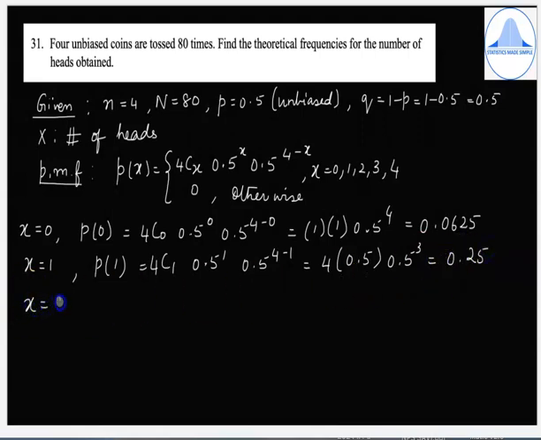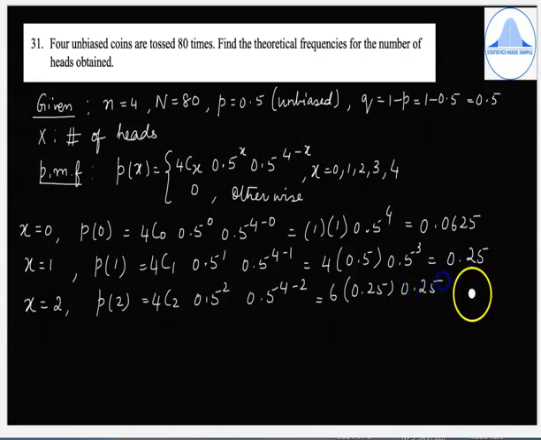Similarly, when x is equal to 2, P of 2 is equal to 4C2, 0.5 to the power 2, 0.5 to the power 4 minus 2, which is equal to 4C2, which is 6, into 0.25 and again 0.25, and on simplification we get 0.375.